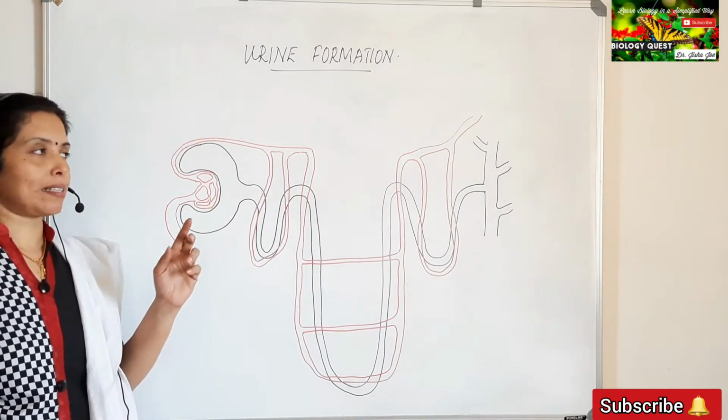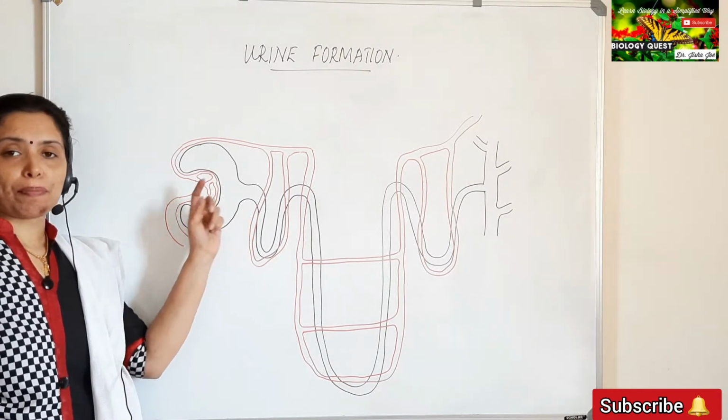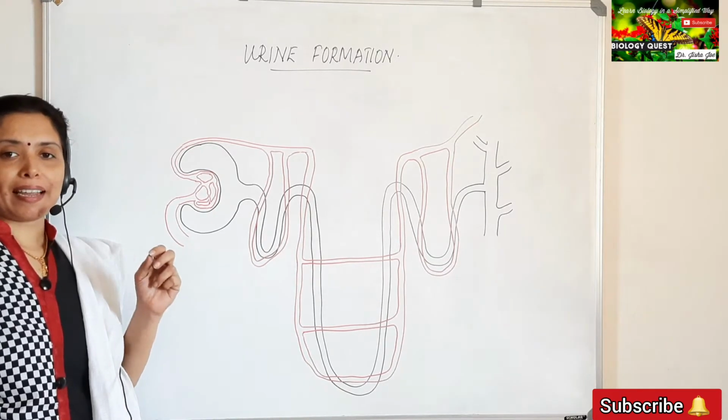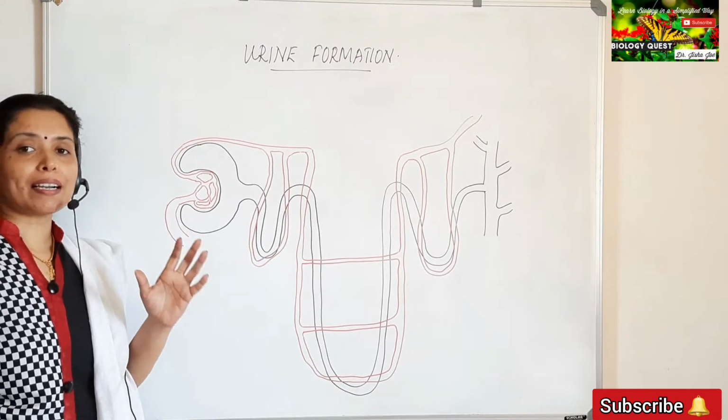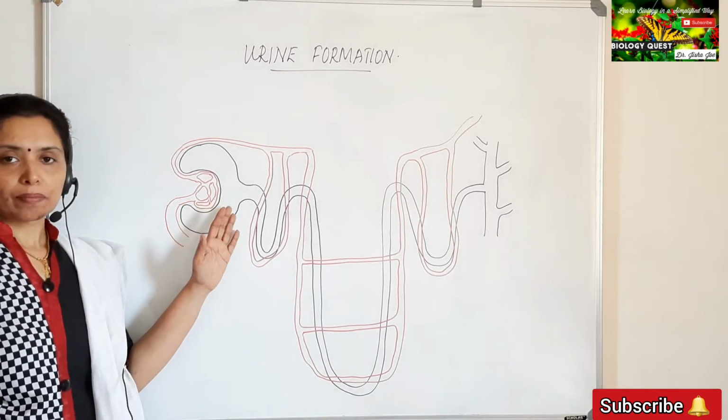We have already seen that the wall of the Bowman's capsule is formed of a single layer of epithelial cells. Similarly, the capillary wall is also single layer thick. So here filtration takes place.